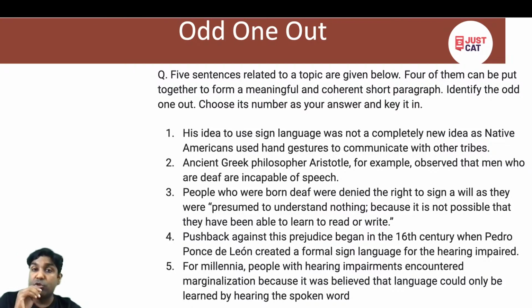His idea to use sign language was not a completely new idea, as Native Americans used hand gestures to communicate with other tribes.